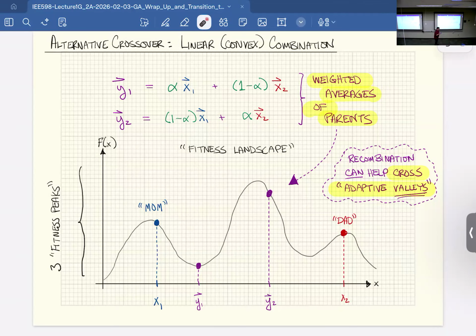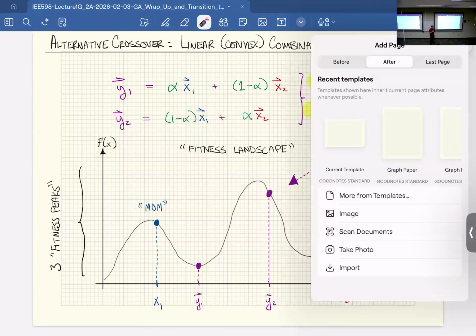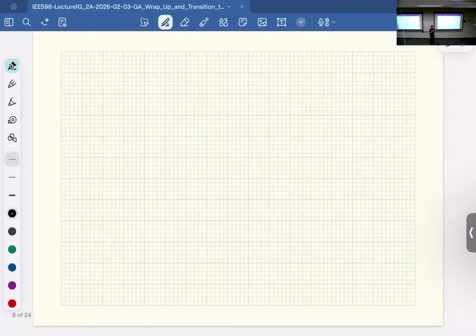So I guess I might as well draw that. If this were a multi-dimensional space here, I'll just do it in 2D.